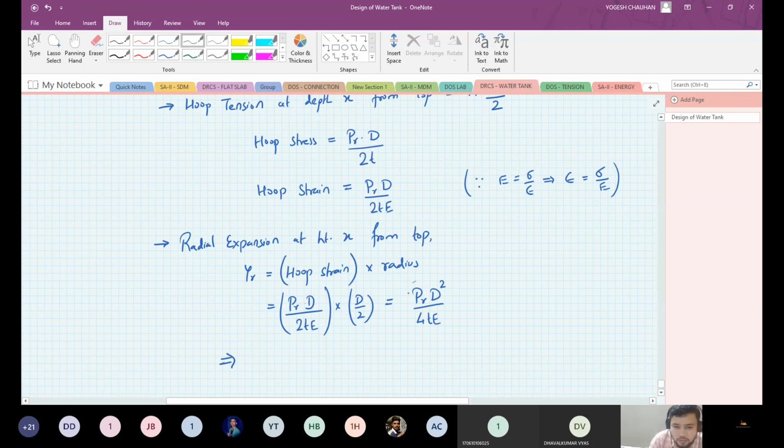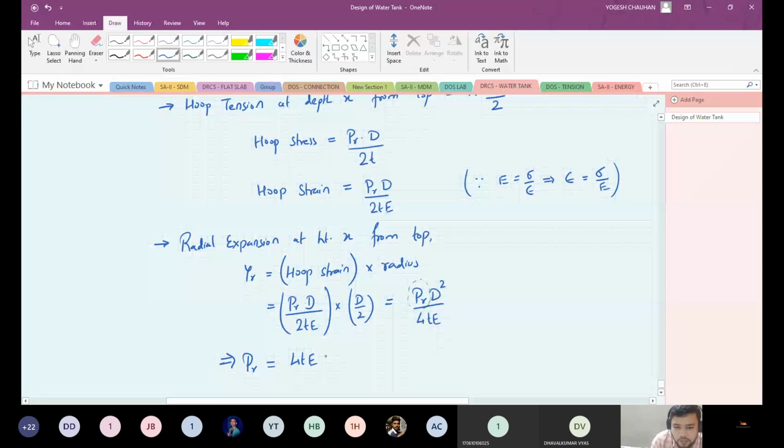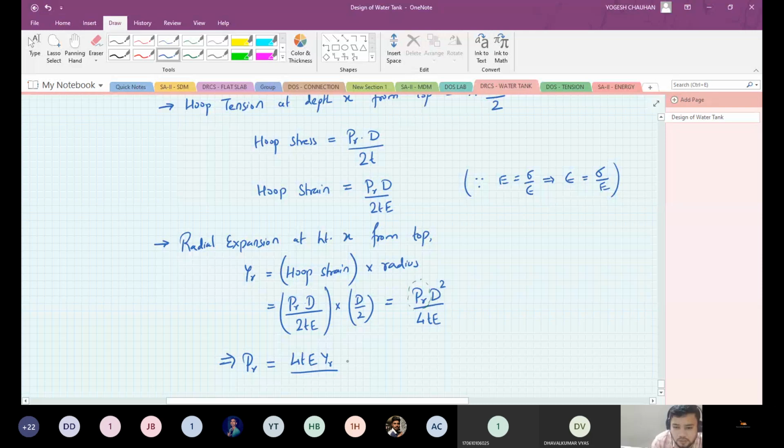Let us transform this in terms of Pr: Pr is equal to 4tE into YR, the radial expansion, divided by d square.